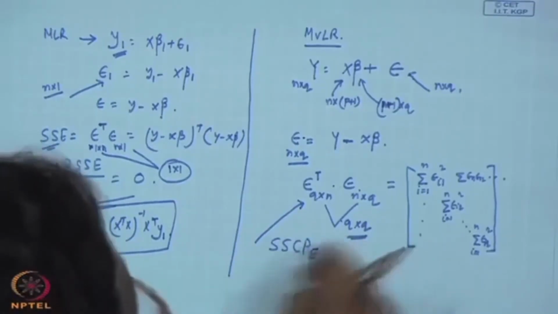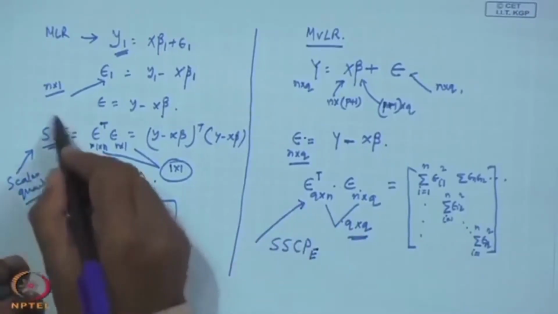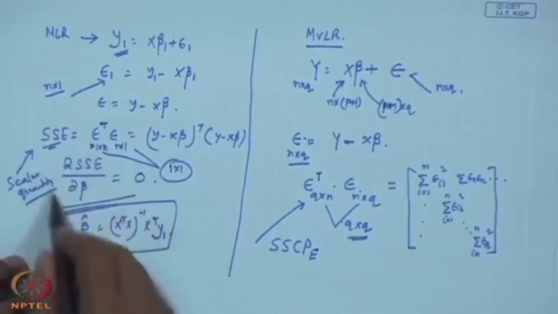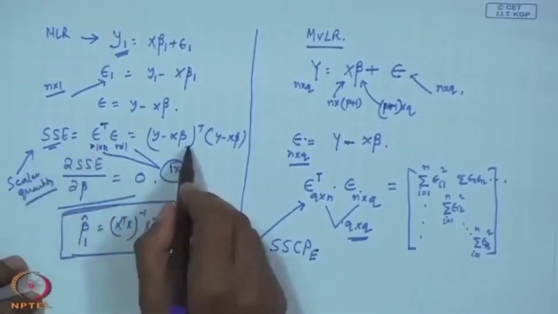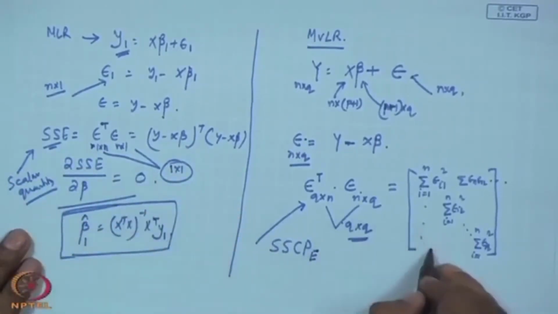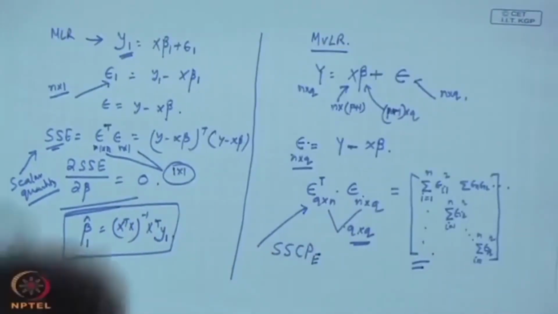Now what do we want? We want this matrix to be as minimum as possible, because in MLR we have seen that SSE should be minimum, then we take the derivative of SSE with respect to beta values, we put it to 0 and we got this equation. We want the same thing here. We want this matrix to be minimum as possible.